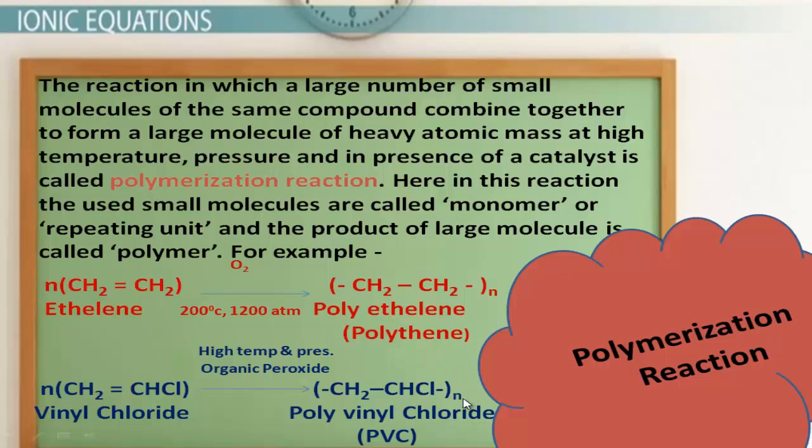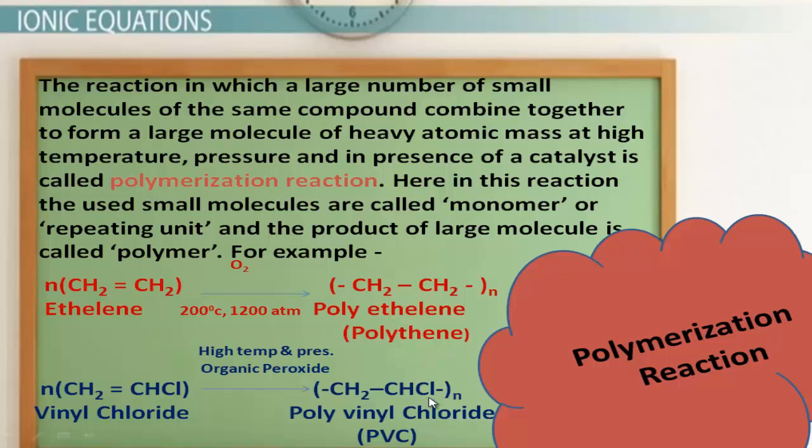You have to write it down this way, and you will learn this in the next chapters, no problem. So this is called what? Polyvinyl chloride, PVC. This is also familiar to you, PVC pipe. You have heard of PVC pipe, which is mainly used as water pipe. So this is also a polymeric substance.